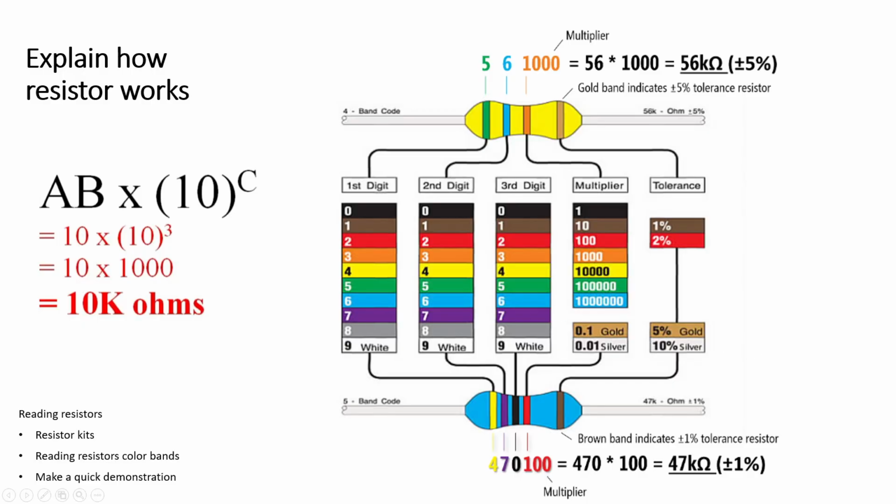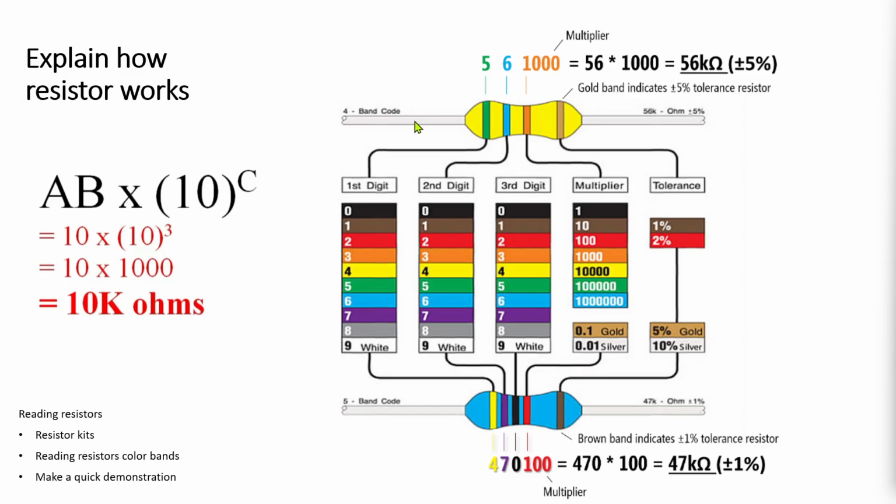Let's take an example. Imagine that we have a resistor like this, and we want to read its value. How to do it? You read the value from left to right, and the value is expressed in ohms.